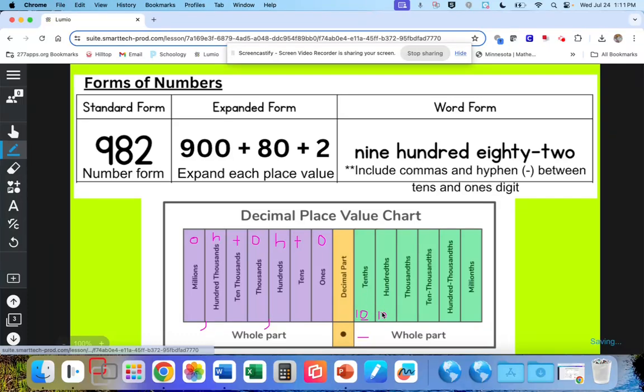Hundredths is 2 zeros in 100, so it's 2 spots after the decimal. And we keep going. The other difference is we don't put commas after a decimal because those are only parts and they don't represent whole amounts. But notice we have that THS, or just TH, at the end of each place value word. That tells us it's only a part, a fraction amount, and it is after the decimal.